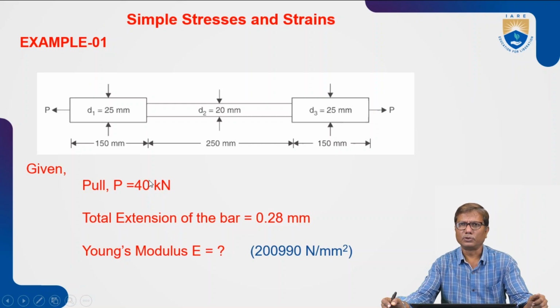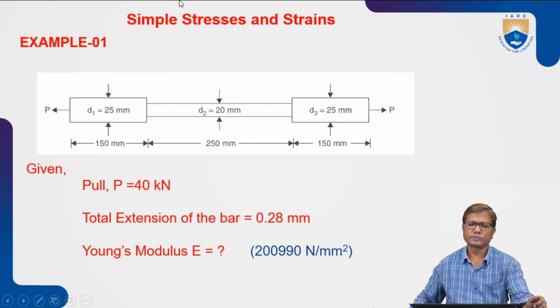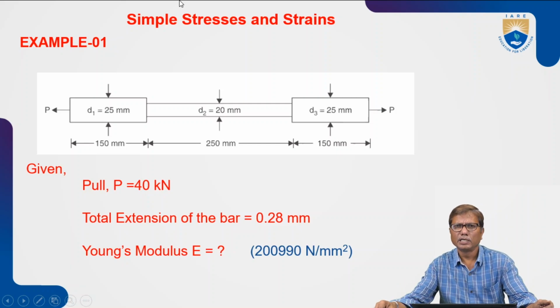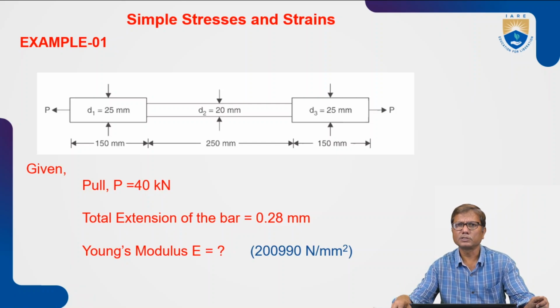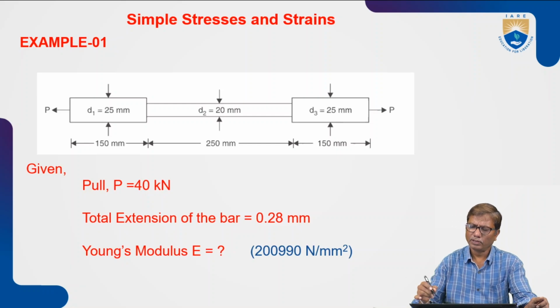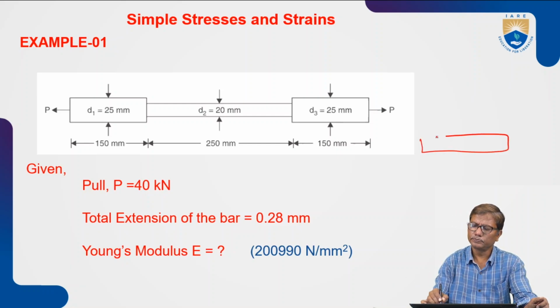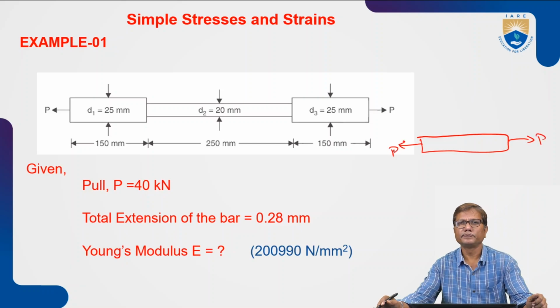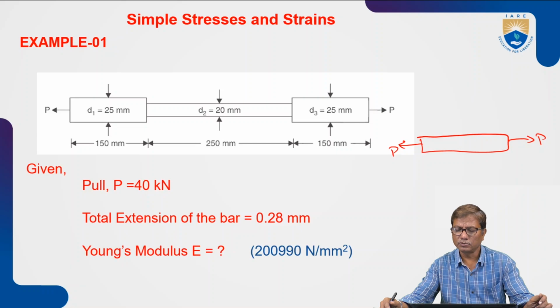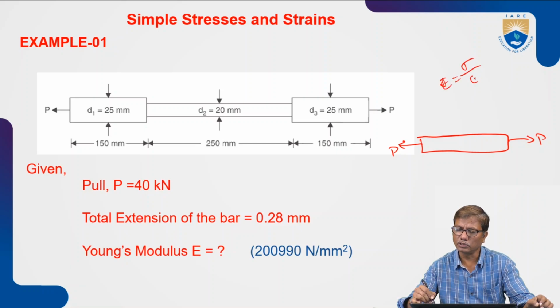some axial force, direct force, then it will be subjected to some strain. When a member is subjected to axial pull or push, it will be subjected to some strain which is equal to stress by Young's modulus.